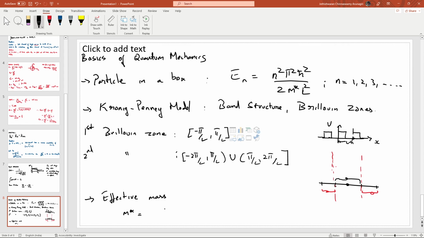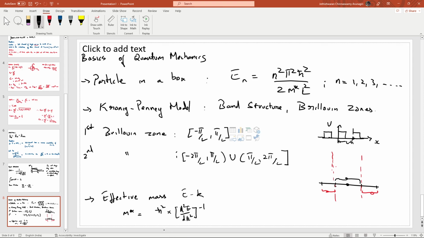From that m star we can find out. No, what I'm asking is the effective mass in terms of the EK diagram. It will be inversely proportional to the curvature. D square E by dk square. Yes. So it will be h bar square into d squared E upon dk squared, the whole thing to the power minus 1.